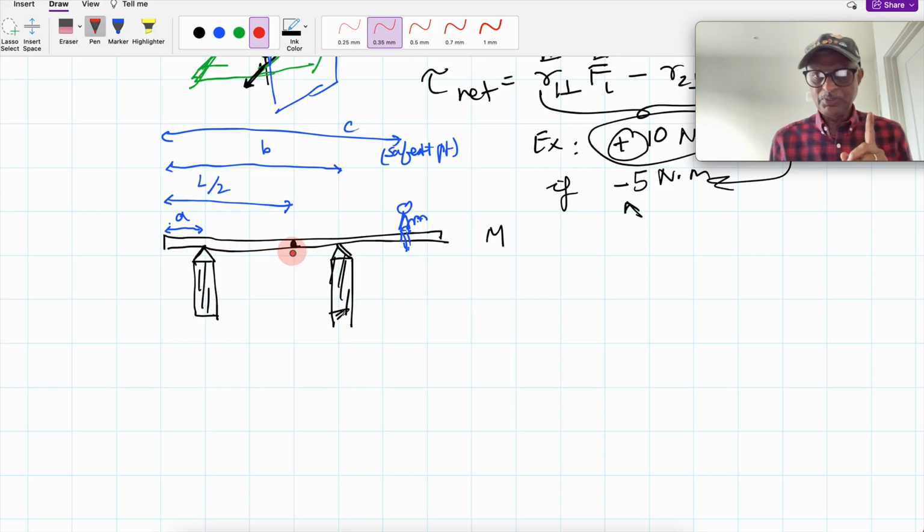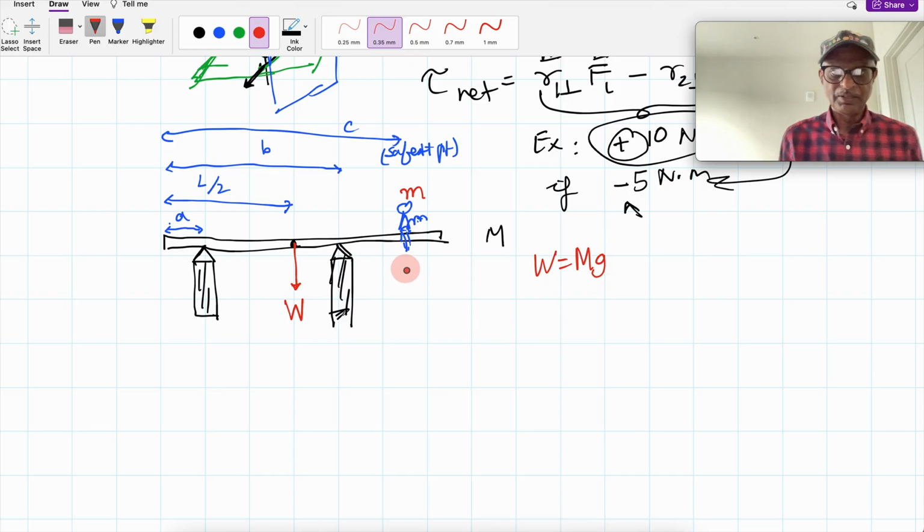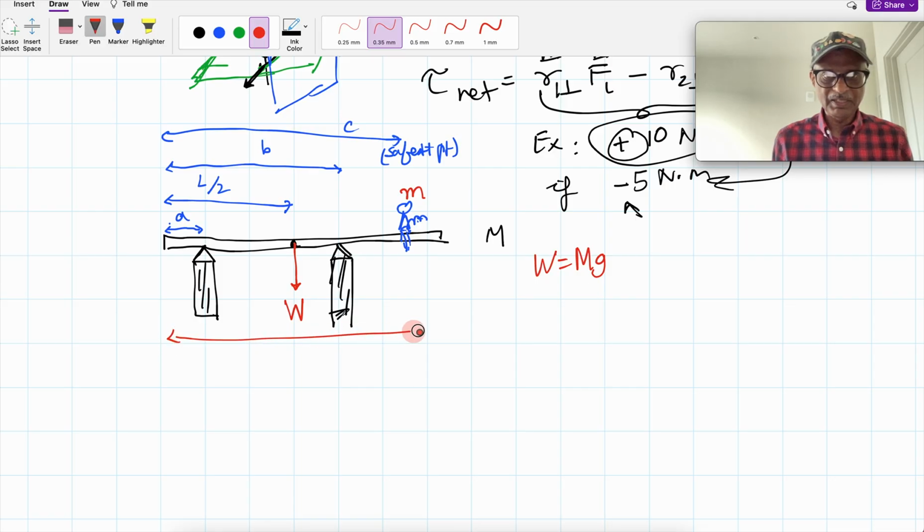So first thing to do is we identify the forces. So this is the weight. This force is just big mg, and let's call this child m. Okay, and L over 2 is from here all the way here is L. We can just call this little d rather than write too many L and 2.